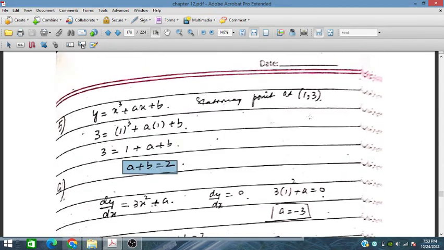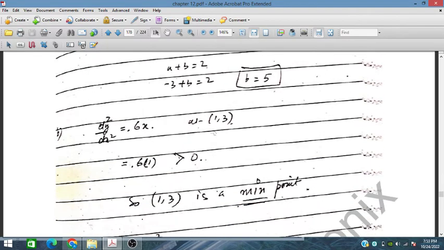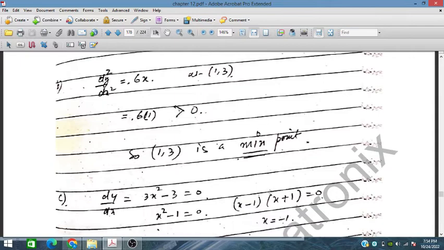This is the stationary point (1, 3). Place the value 1 here in the place of x. So this is 6, greater than 0. So the slope is rising, so this is a minimum point. So (1, 3) is a minimum point.